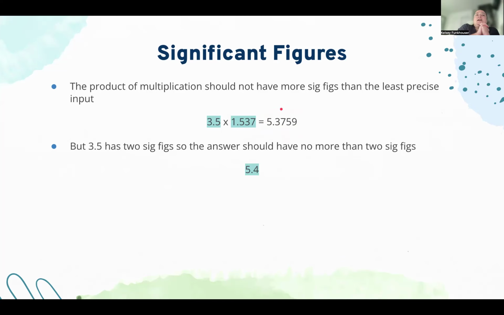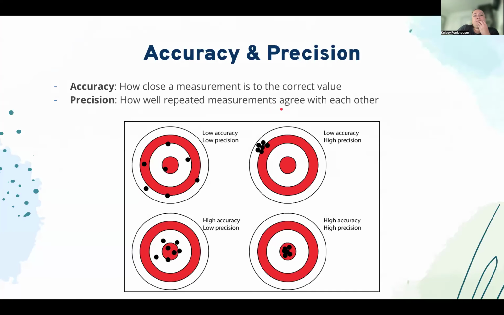And try to be consistent, where your final answer shouldn't be more precise than what you put in. Because if what you put in wasn't precise, then really your output isn't either, you're just claiming it to be. Anyway, you can refer back to this if you need to.